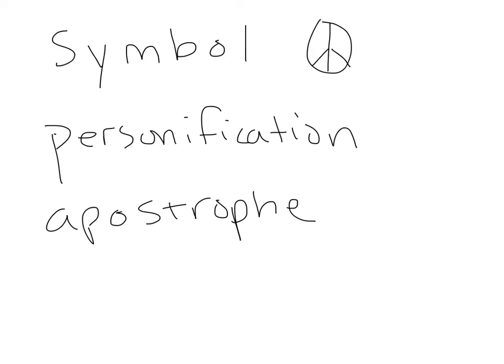But words can be symbols too, things can be symbols. So while you're reading, think if everything that you're reading about is really actually referring to that item or that person, or if that item or person can stand for something bigger than themselves.